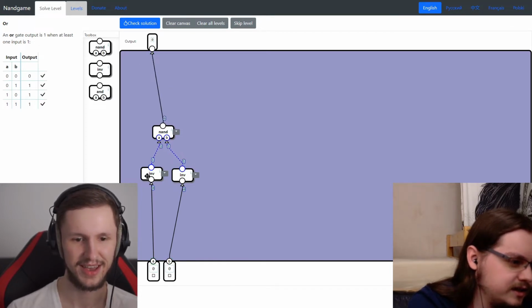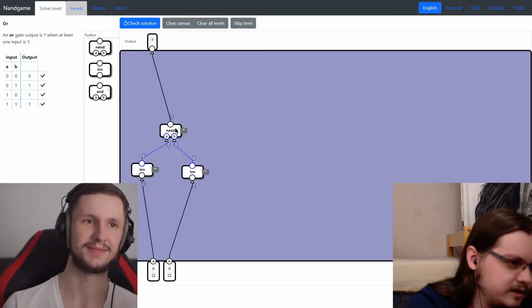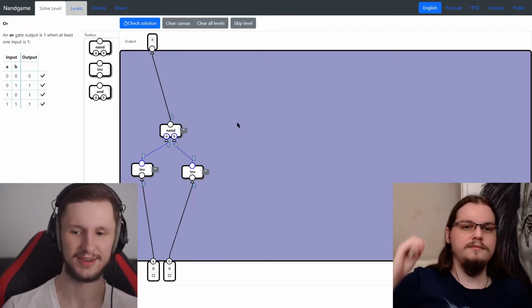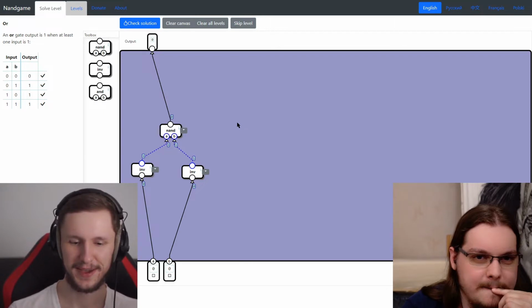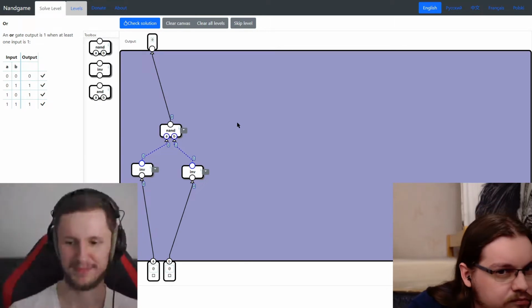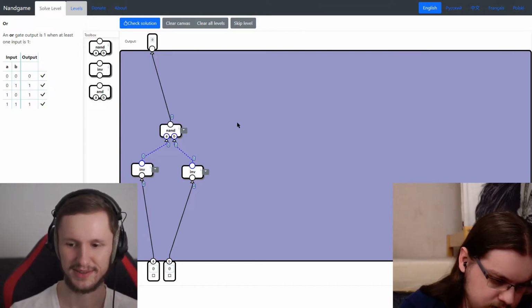I think so. Honestly, it's kind of tough for me to follow the explanation of this rule if it's in circuits. I find it much more intuitive in programming when I do if statements.